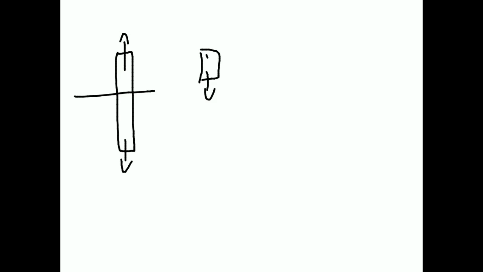Just to give you another thought, if a member is being stretched and I cut it in half, then each half is also being stretched. Don't get these arrows confused with what's happening at the joints, where the arrows are the other way around. If I'm stretching one member, then I'm stretching each half member by the same amount.